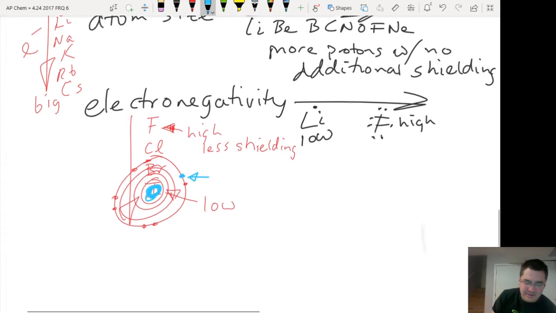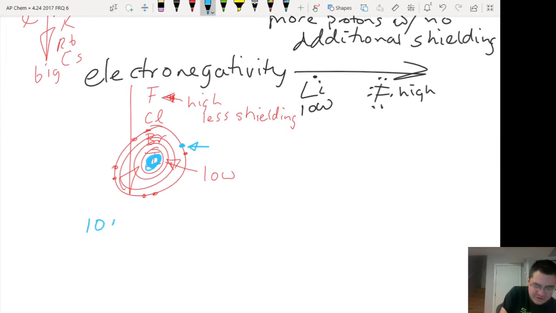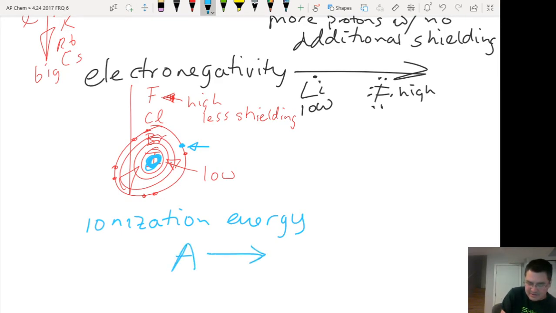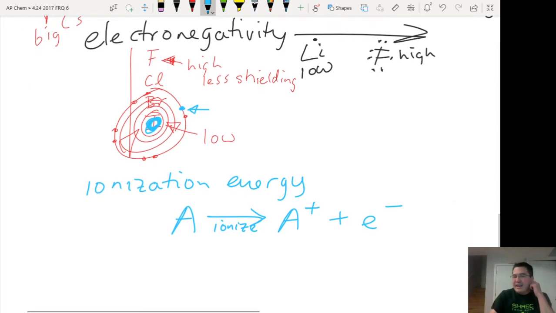Okay, and this also goes with ionization energy. That looks like this: say you have a default atom, let's just call it atom A. To ionize it, I've basically ripped an electron off of it.